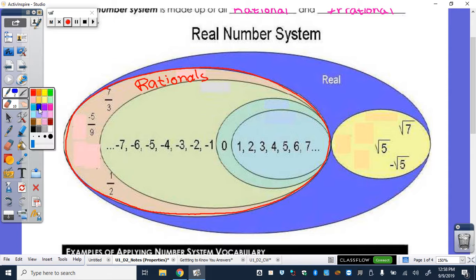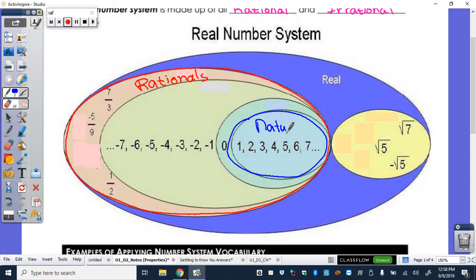So going to the innermost one, right here, this circle: 1, 2, 3, 4, 5, 6, 7, 8, dot, dot, dot. That's what we call our natural numbers, because when you are young and you start learning to count, what number do you naturally start counting with? 1. You get the little book. 1 yellow ducky, 2 yellow duckies, 3 yellow duckies. So it's just natural. You start at 1 and you just go up from there.